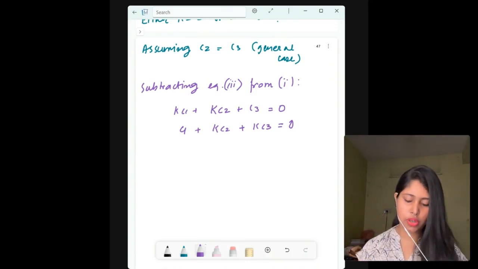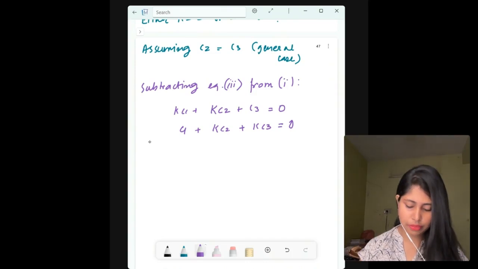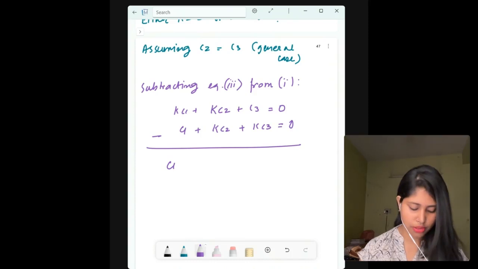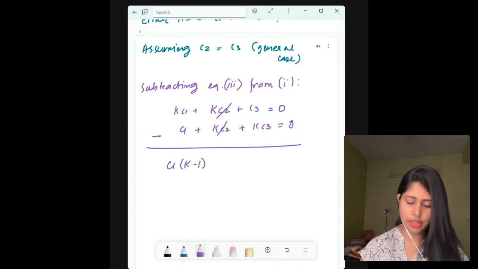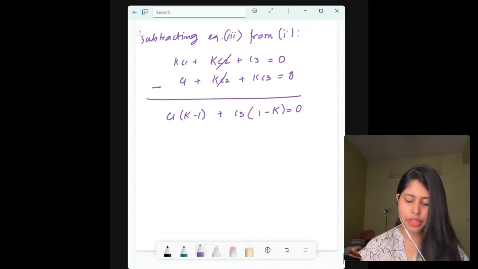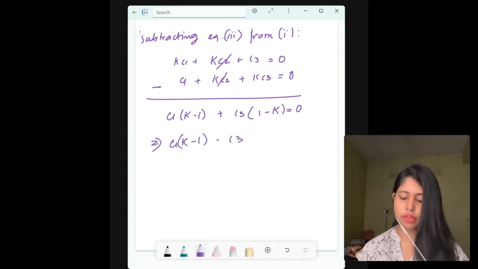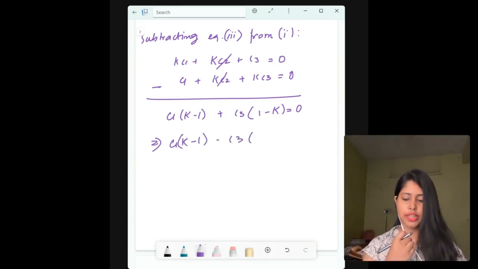Okay, so let me write it here. If we subtract it, what do we get? C1 we will take common, so it will be k minus 1, and kc2 and kc2 get cancelled. Then we take c3 as common, then 1 minus k equals 0, right? And from here we change the sign so that we can factor out k minus 1.